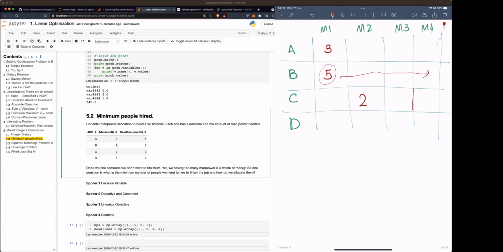To do the job, I don't really need to hire more people. And for number 4, I can get 1 person here as well because he's free from that job already to get things done before month number 4. So in total, if it looks like this, you need to hire 8 people.